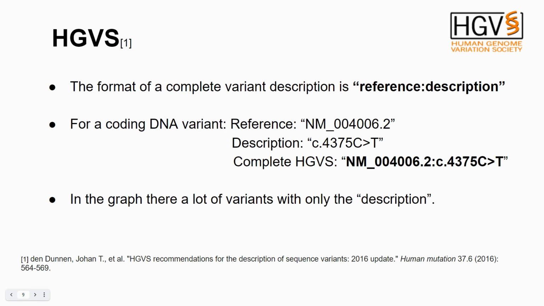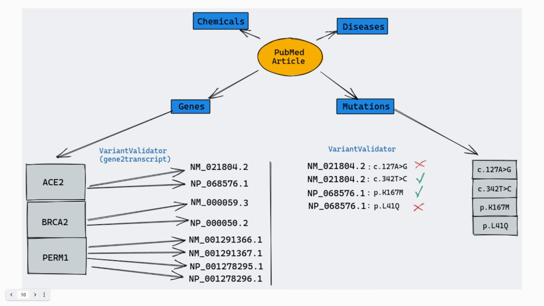The format of a complete variant description is a reference and a description, where the reference is a transcript of a gene and the description is the position and the type of the mutation: duplication, insertion, or deletion. Because in the graph there are a lot of variants with only the description, only the second part of the HGVS, we have employed a quality control step in order to ensure the validity of the reported HGVS variants and to minimize the HGVS noise.